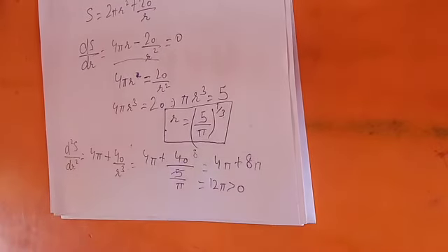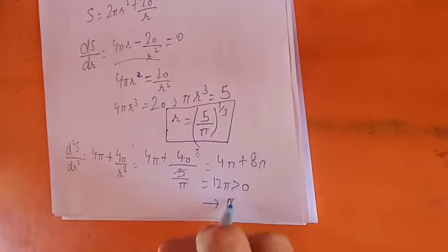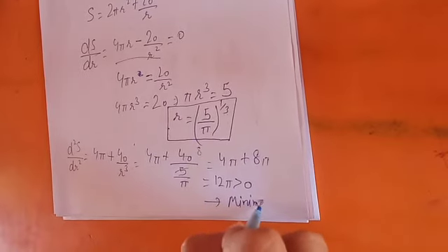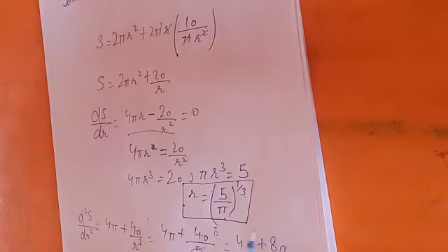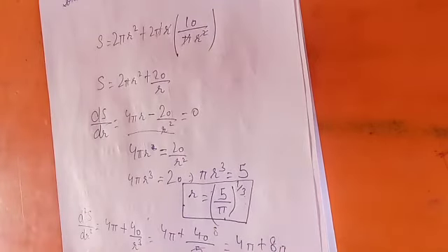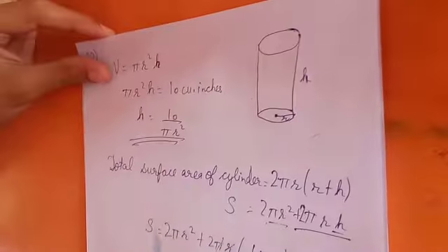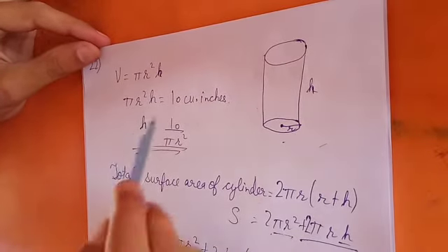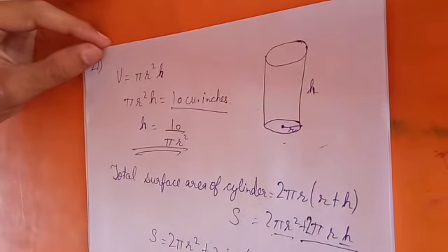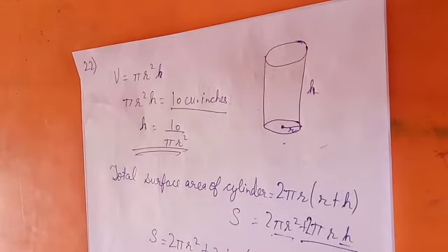Positive means greater than 0. Therefore we have a point of minima here. Therefore at r equal to 5 by pi raised to power 1 by 3, the total surface area of this cylinder will be minimum and its volume will be 10 cubic inches.